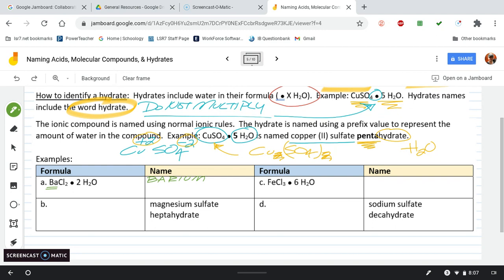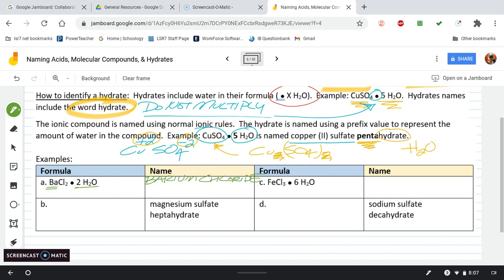The Cl would be chlorine, but we're going to change that to chloride. So that's going to be barium chloride. Okay, so barium chloride. And now the new thing, dot 2H2O.